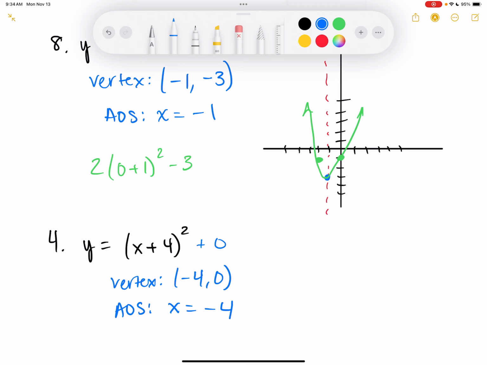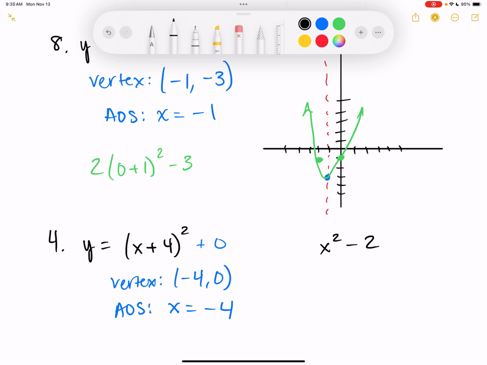And if it was just like, say, x squared minus 2, like if it looked like this, okay, this is the k value. This is your y value of your vertex because it's not in parentheses being squared. That's the difference here in these two. If there's something in here being squared, then we have that.